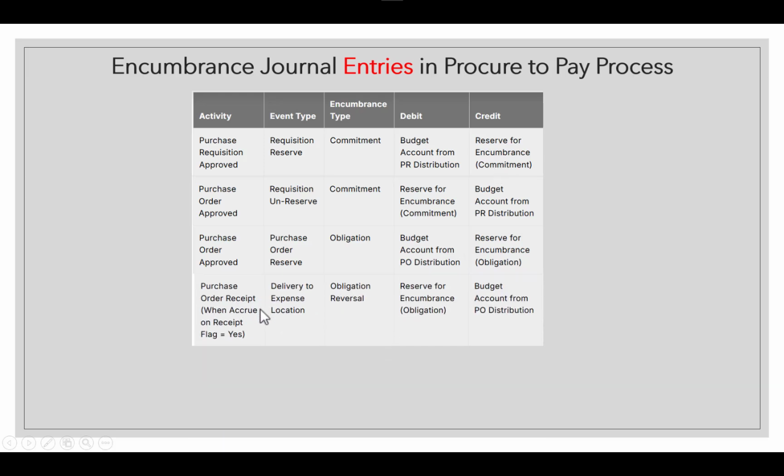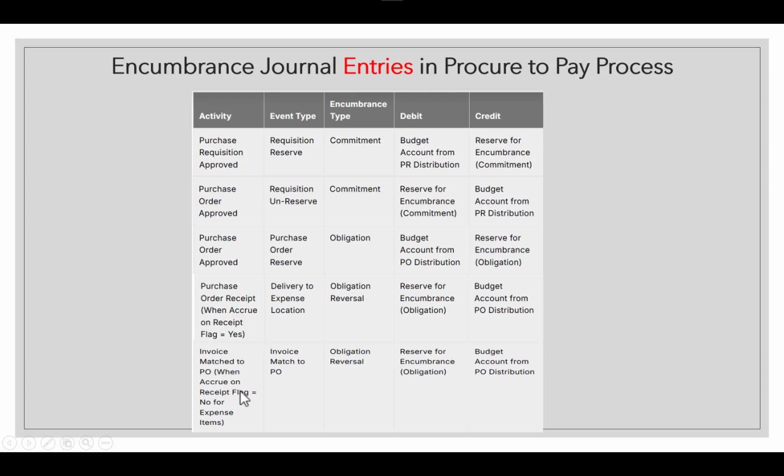For the purchase order receipts, when accrual on receipt equals yes, because we have two options, either accrual on receipt or accrual at period end. Here, delivery to expense locations, here is the obligation reversal, like the commitment reversal. Again, reverse for encumbrance obligations will be debited, and budget account from BO distribution will be credited.